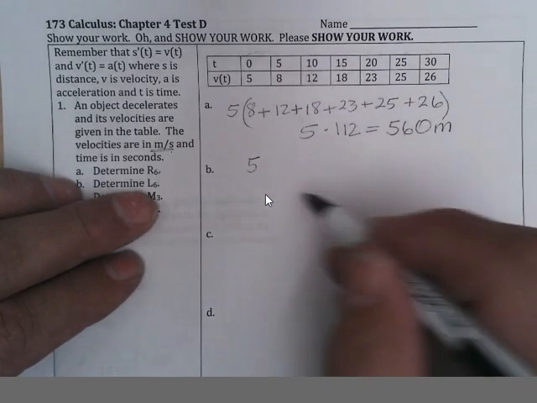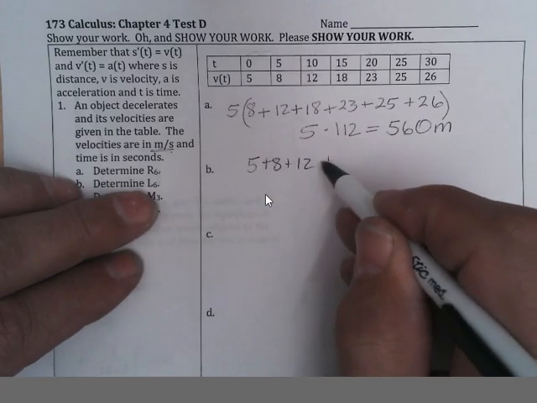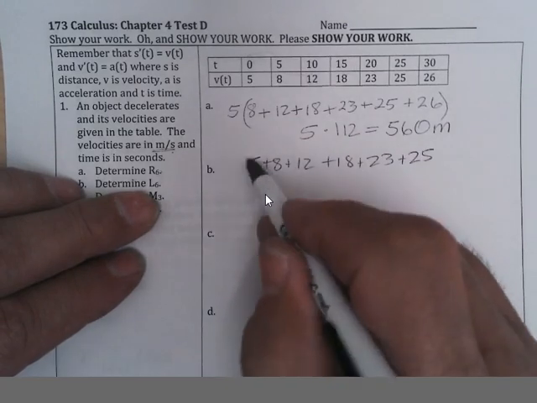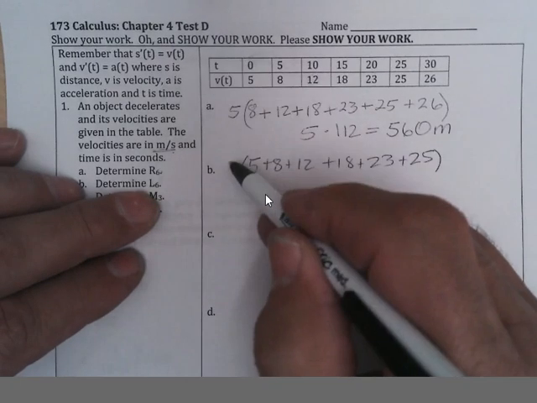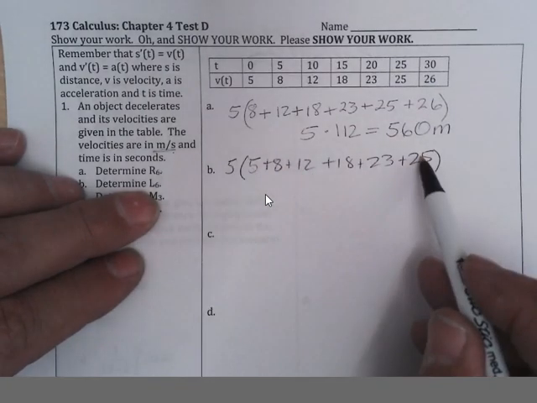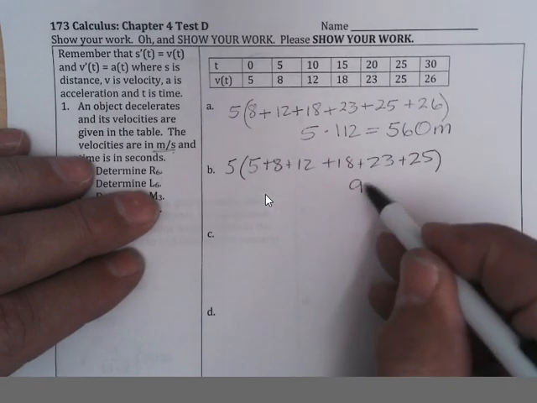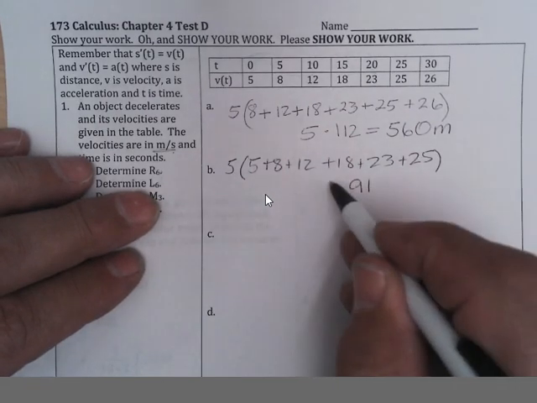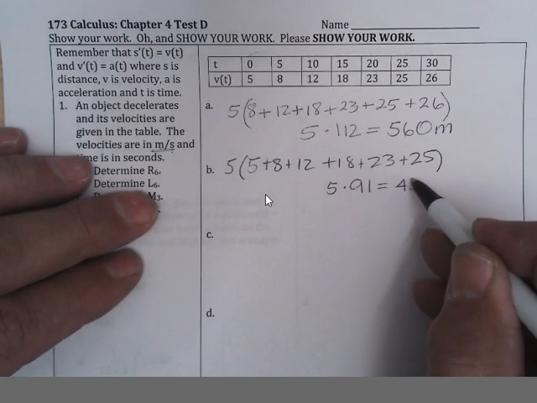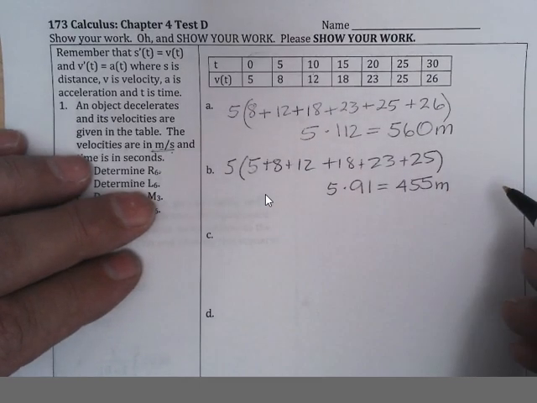We're just not going to do the 26, and we're adding the 5. So it's 5 plus 8 plus 12 plus 18 plus 23 plus 25. And the bars are still 5 wide. 25, 50, and this is 41, is 91, times 5 is 455, and the area under velocity is distance measured in meters.